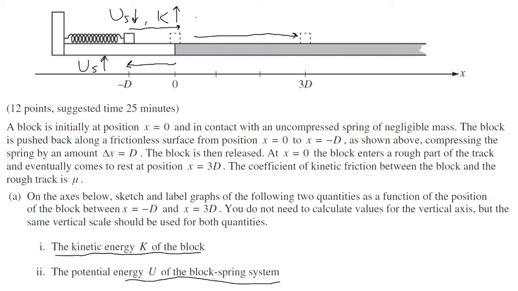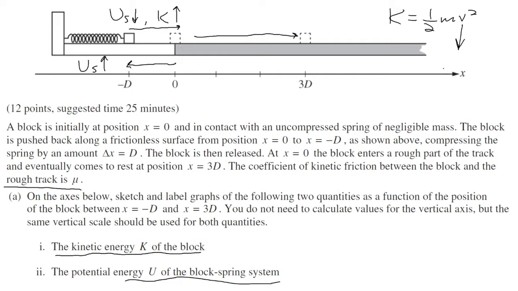Then, from here to here, we should see a couple things. The first thing is, as the block continues to slide, it's sliding along a rough track with a coefficient of friction. And because the coefficient of friction is listed as mu, we know the force of friction is not going to be 0. Because the kinetic energy is given by the equation 1/2 mv squared, we should have some sense here that this force of friction is going to slow down the object.